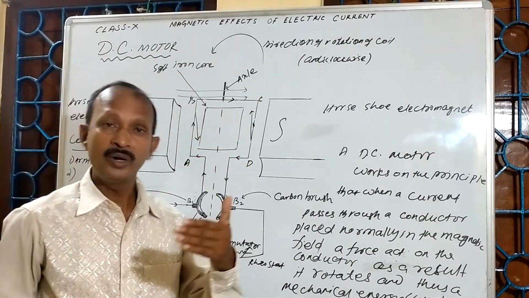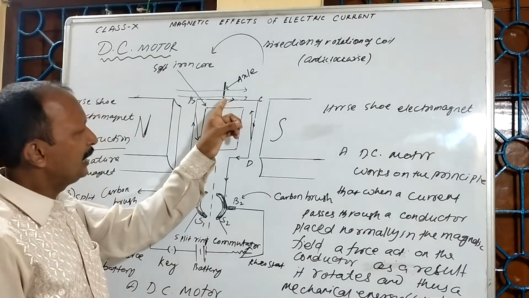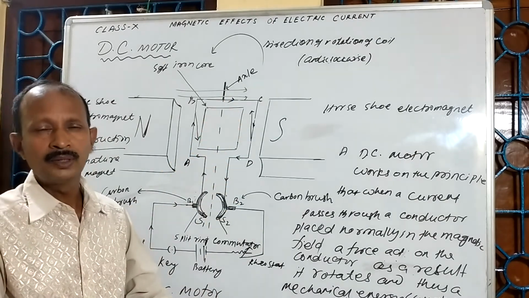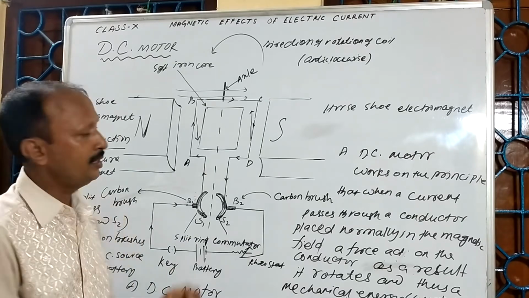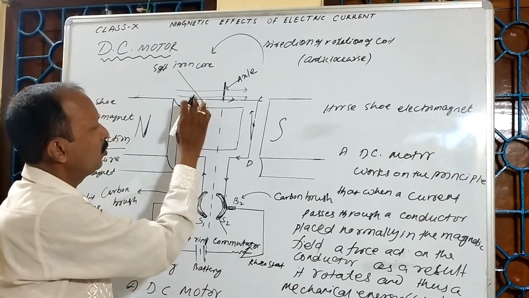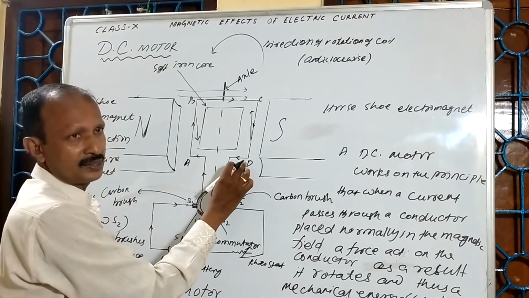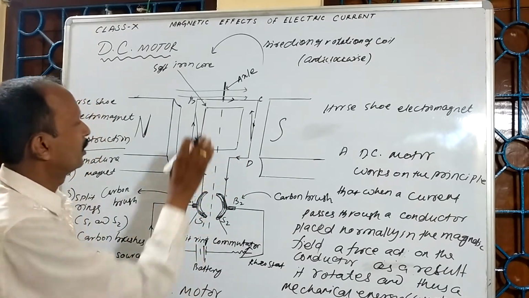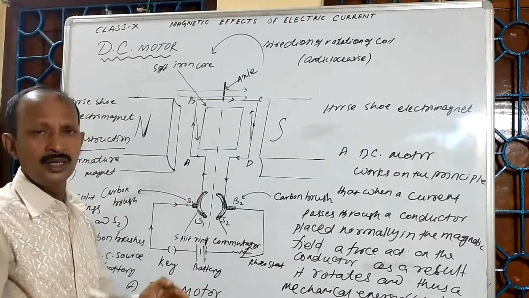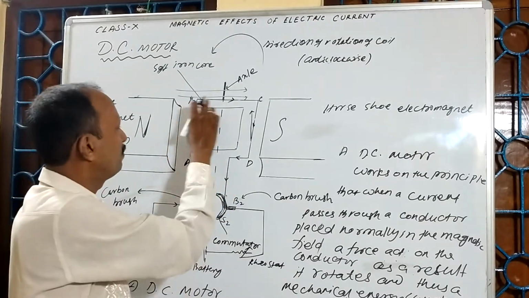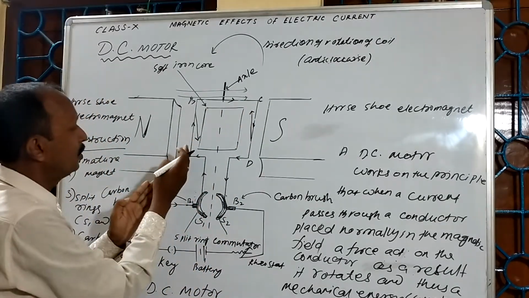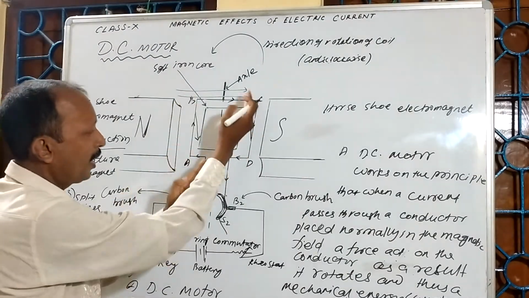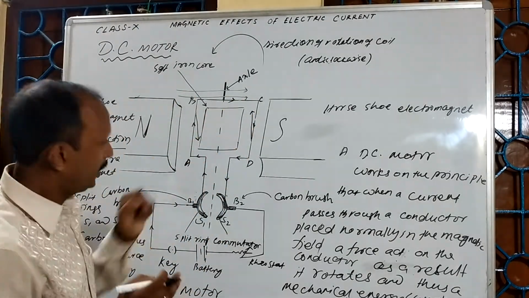In higher classes, when we study, there may be a little angle and little forces, but that force will not affect the rotation. That's why we are not considering this side. So, the forces are acting on side AB and side CD.